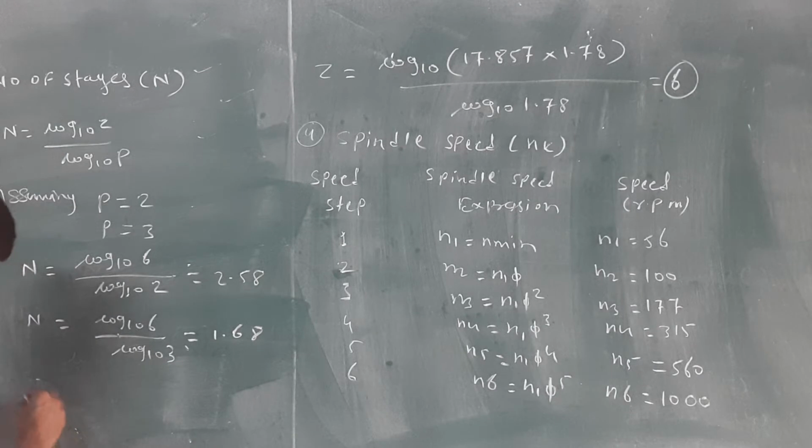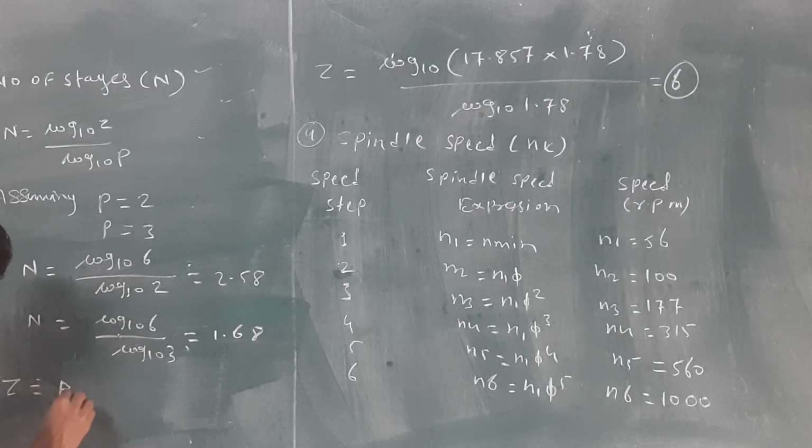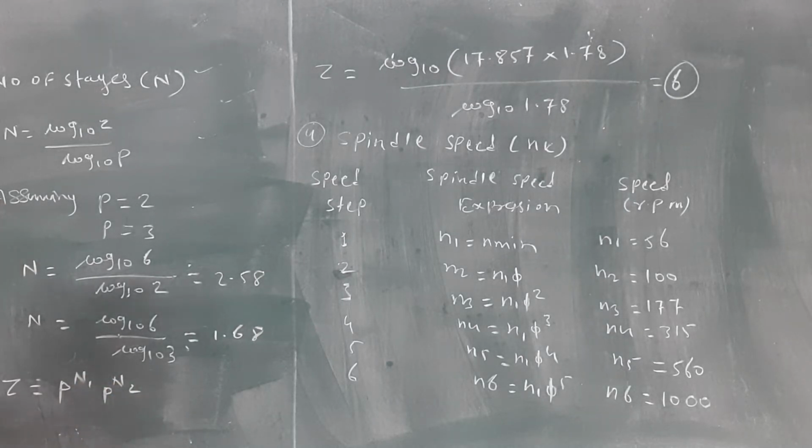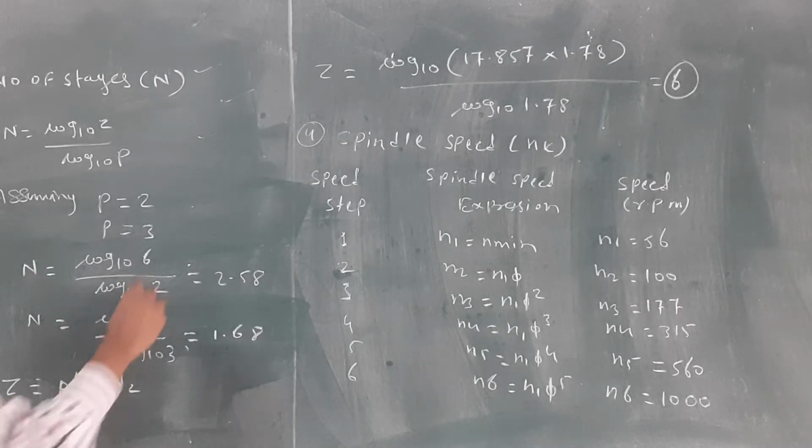We know that z is equal to p raised to n, and p raised to n1 and n2. First we want to satisfy the condition of z. We know that z is equal to p1 into p2.